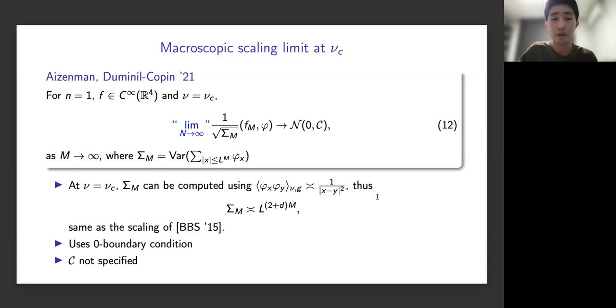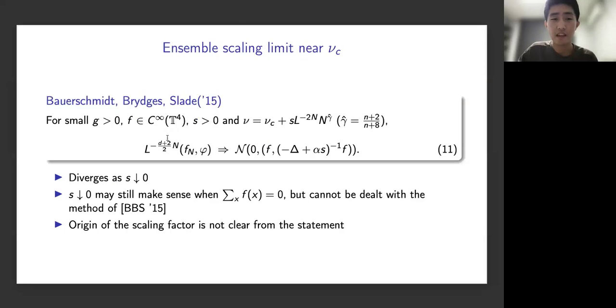Therefore, if you just insert this formula into sigma m, you see that it's asymptotic to L to the 2 plus d times m. So you see that 1 over square root of sigma m is actually the same as the scaling factor of Bauerschmidt, Brydges, and Slade, and that is where the scaling factor comes from.